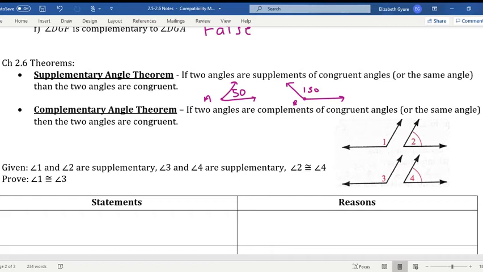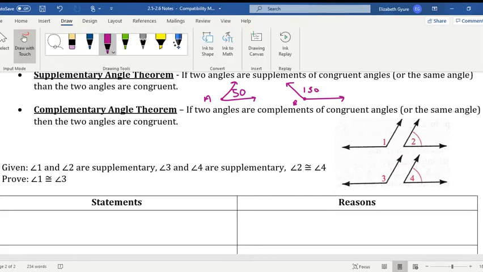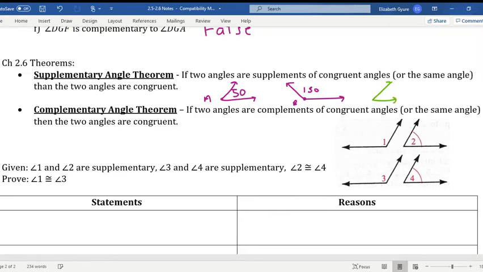Those would be supplements of each other, right? Okay. Well, let's say I also had angle C, and I told you that angle A was congruent to angle C.